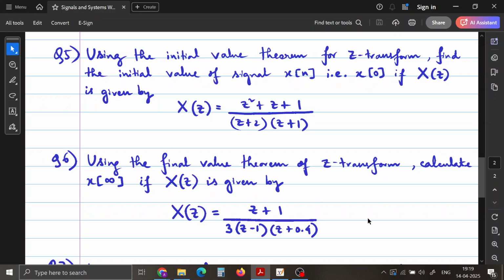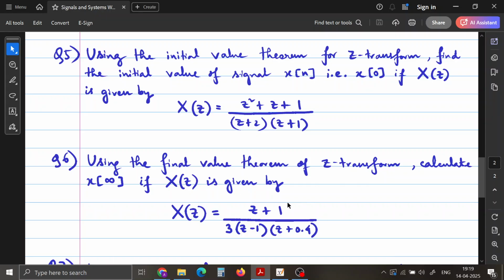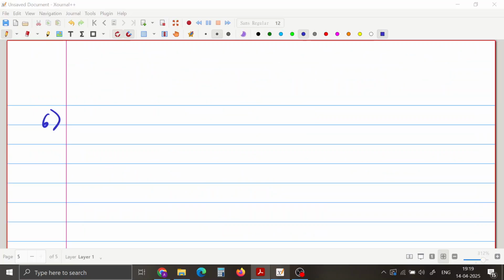Now this question is based on the final value theorem of Z transform. Using final value theorem, we have to calculate small x of infinity, if the Z transform x of z is given by this. Again this is in the rational form. So let's see. For that, let me first discuss the final value theorem.